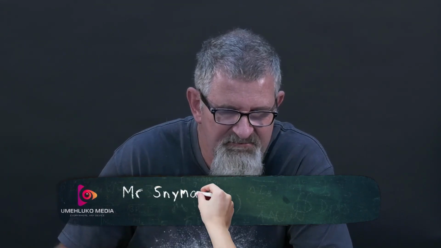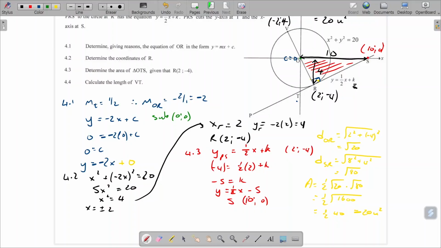Be that as it may, we can now move on to question 4.4. We went and worked out V using symmetry earlier. We need to work out the value of T, but we actually do know the value of T because T would come directly from knowing our y cut, and our y cut just now was -5. So following on from 4.3, the T value is going to be 0 and -5.